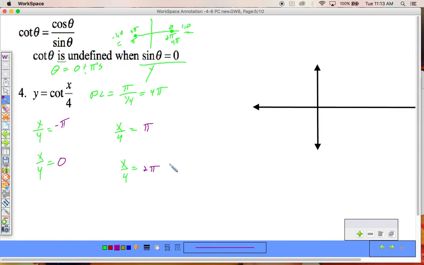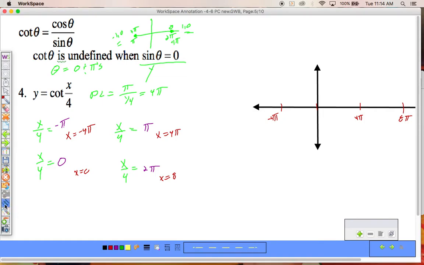All right, so I'm going to solve all these by multiplying by 4. And get negative 4 pi, 0, 4 pi, and 8 pi. So those, negative 4 pi, 0, 4 pi, 8 pi, are going to be my vertical asymptotes.